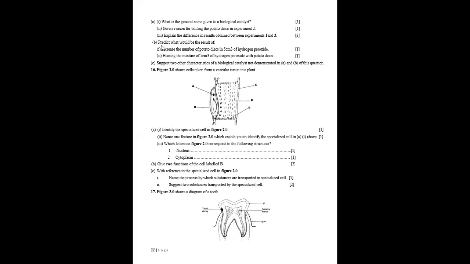Number B. Predict what would be the result of number one: increasing the number of potato discs in 5 cubic centimeters of hydrogen peroxide.